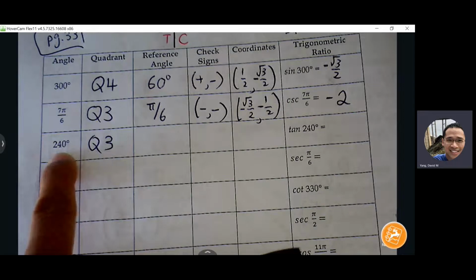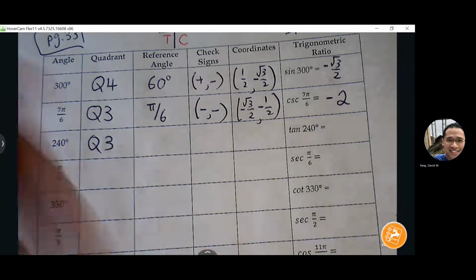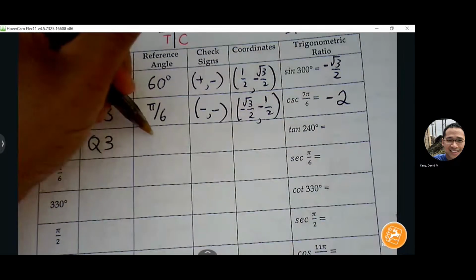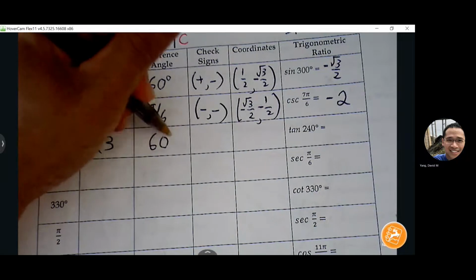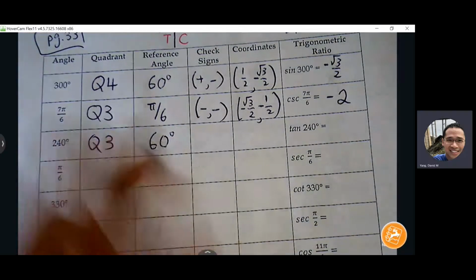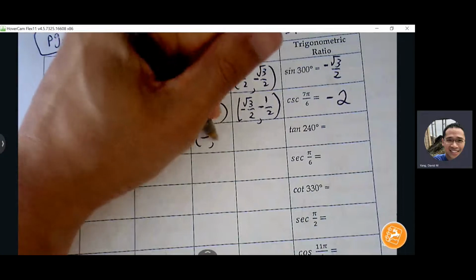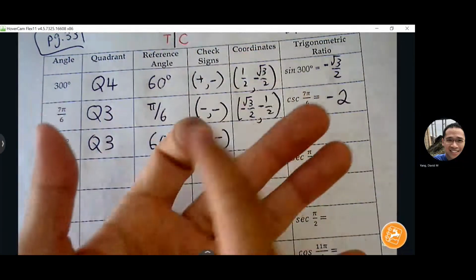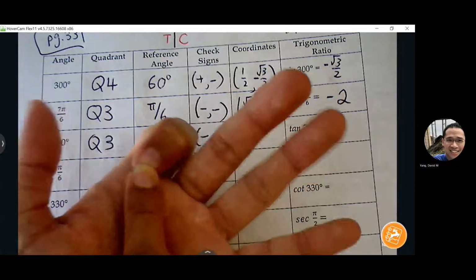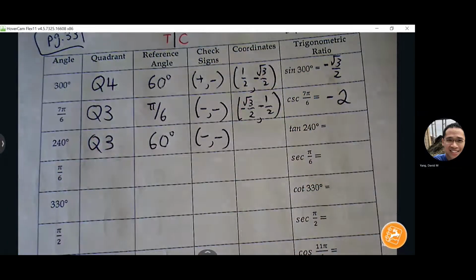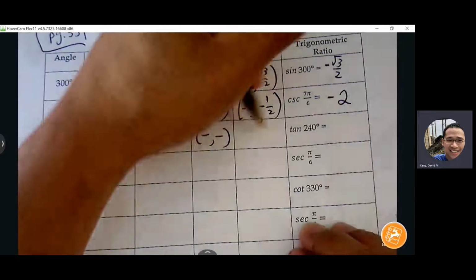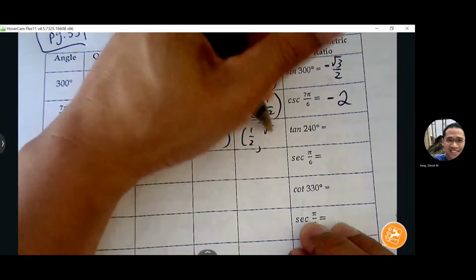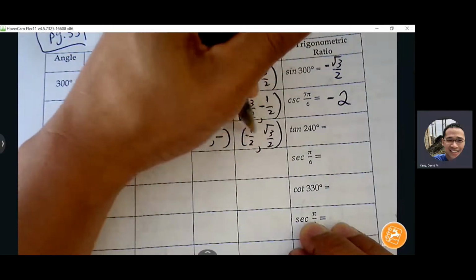So what's 240 minus 180? 60. Quadrant 3, negative, negative. 60 degrees, that's pi over 3, right? 1/2 and square root of 3 over 2. Again, negative, negative.